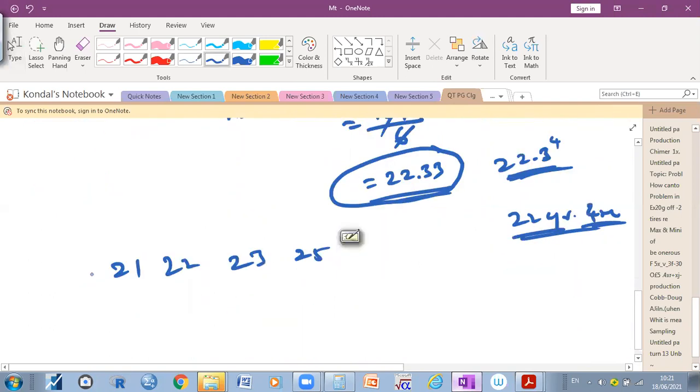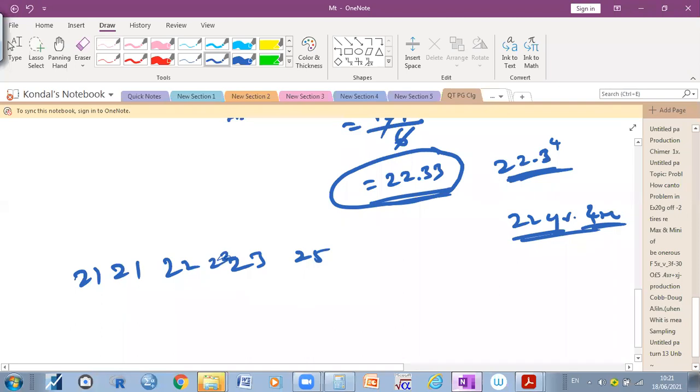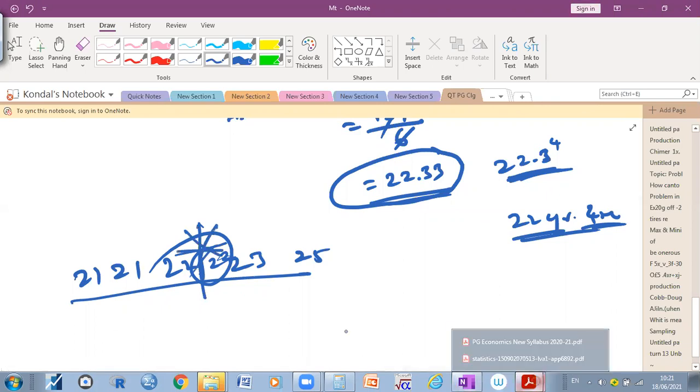Here you can write 21, 20, and in between, 22. The average you will get is 22.44, so the average age is 22. It is the middle value. This is the central value, and we get it from the average. This is the best, good representative.